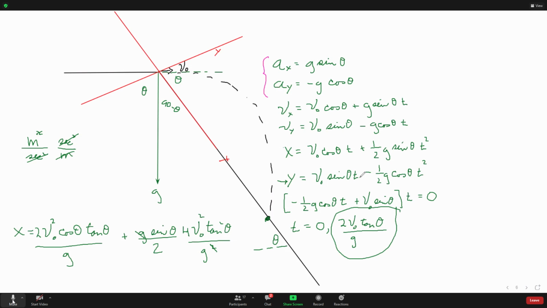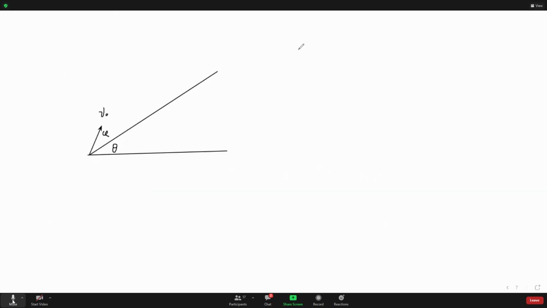All right, so let's go to this problem and let's play the same trick. I would rotate my axis so that the x-axis goes up the slope and my y-axis is perpendicular to it.